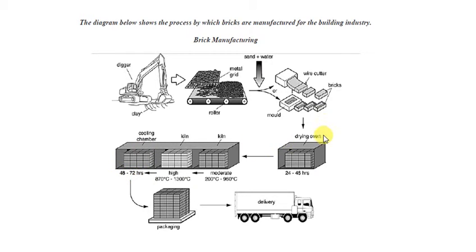So we only put the words that we get from the diagram into sentences and use phrases like after that, next, then, so it is easy to write down. And finally, the bricks are packaged and delivered to be sold in the supermarket.